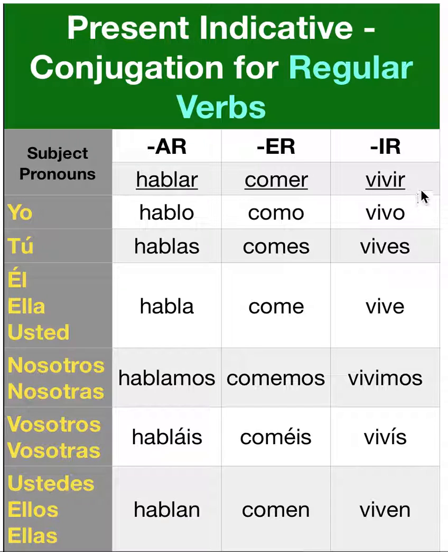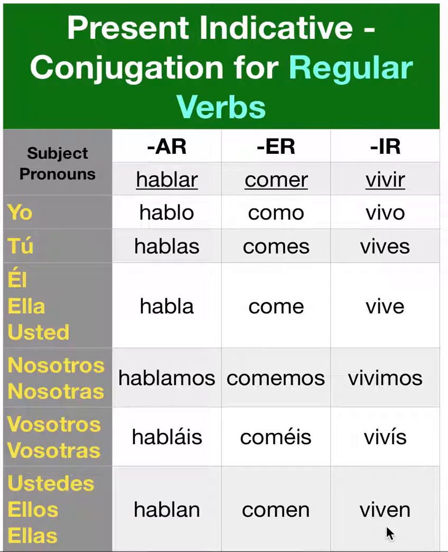And then we have vivir, to live, a regular IR verb. Yo vivo, tú vives, él vive, ella vive, usted vive, nosotros vivimos, nosotras vivimos, vosotros vivís, vosotras vivís, ustedes viven, ellos viven, ellas viven.